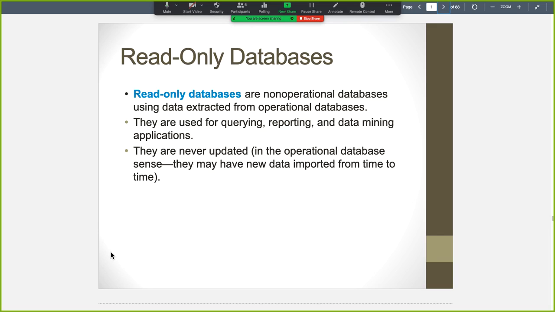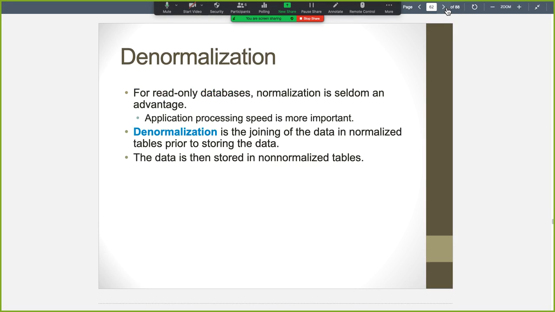It's usually used for analytics purposes: querying, reporting, data mining. Data mining usually corresponds to a data warehouse, and a data warehouse is read-only, and this is where it comes from. A read-only database uses denormalized tables, and one of the biggest advantages of that is performance.